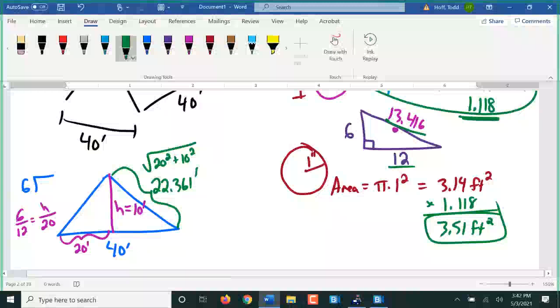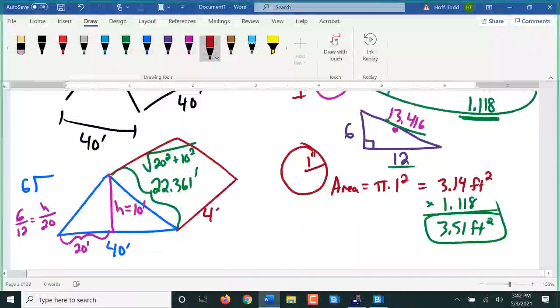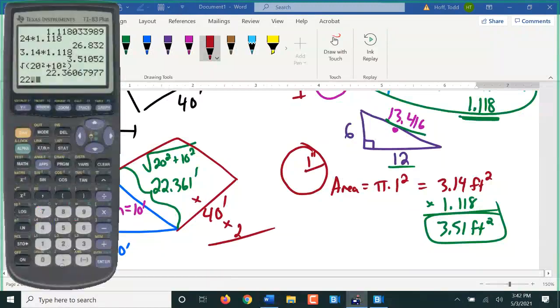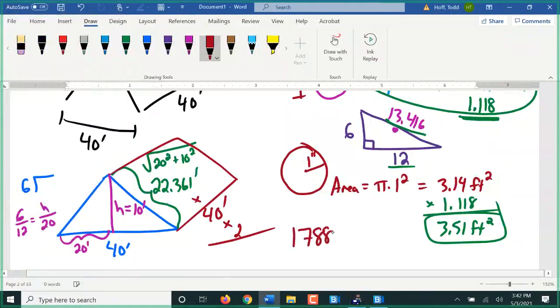Which means we're almost to the roof area. That roof, 40 feet long, and there's 2 of them, right? So if you take the 22.361 times 40 times 2, that's 1788.88 square feet.